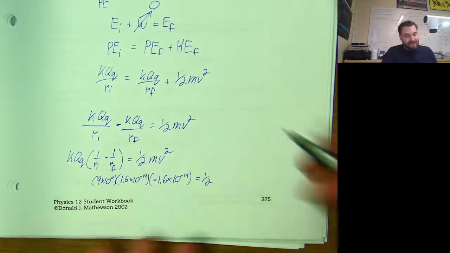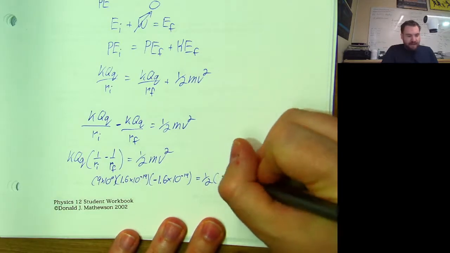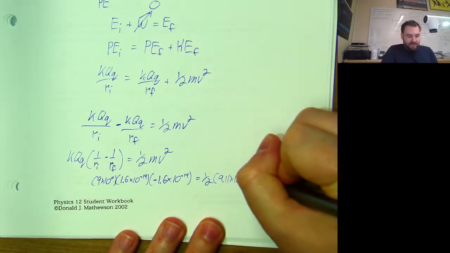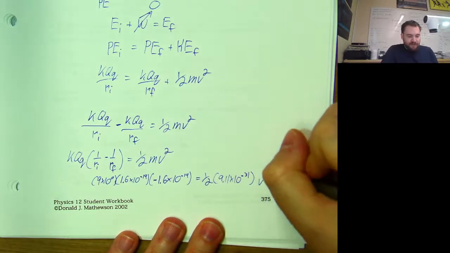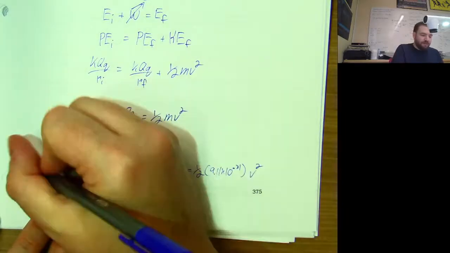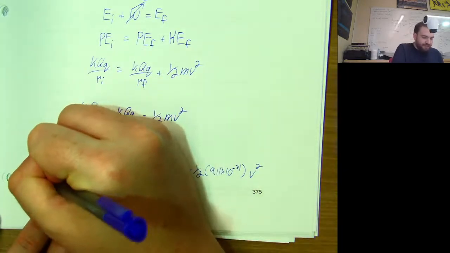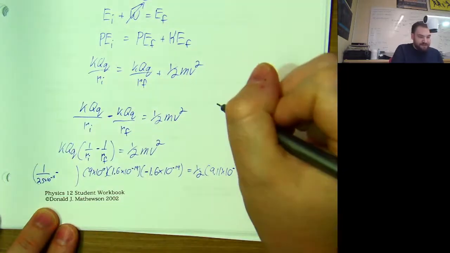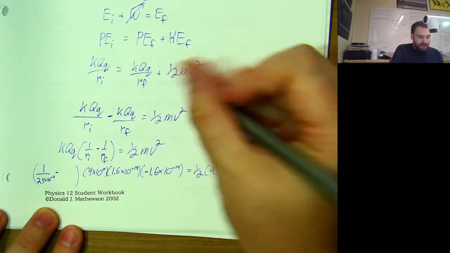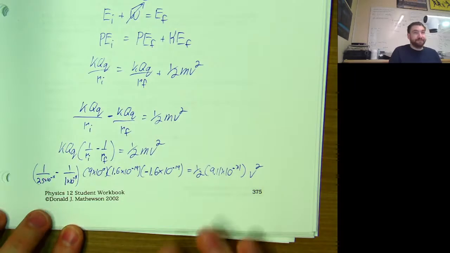The electron, because that's the one that's going to have a bunch of velocity. 9.11 times 10 to the negative 31 v squared. Our initial is 2.5 times 10 to the negative 11, minus our final is 1 over 1 times 10 to the negative 11.